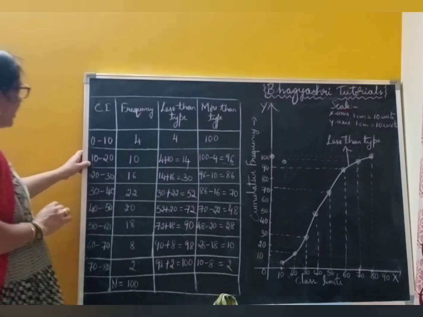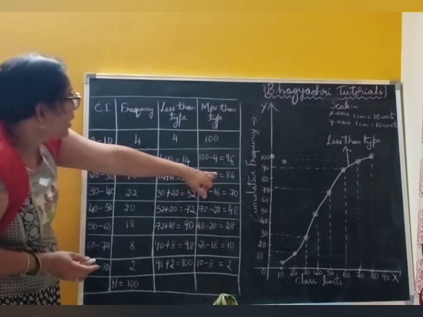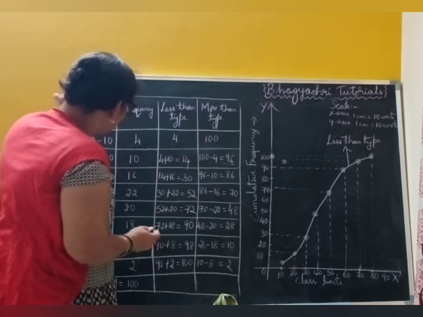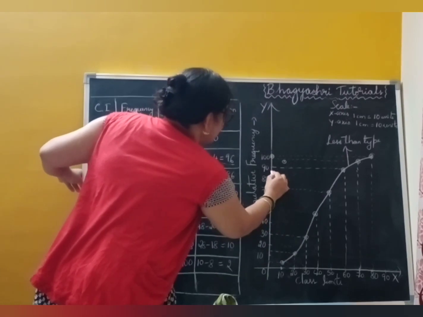Next, for 20, the corresponding more than type frequency is 86. For 20, it is 86.